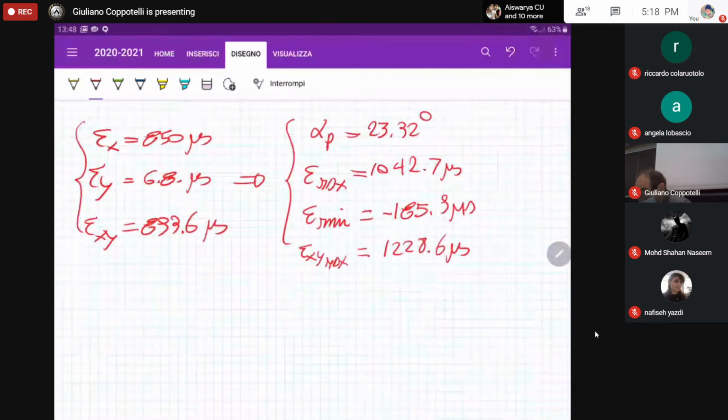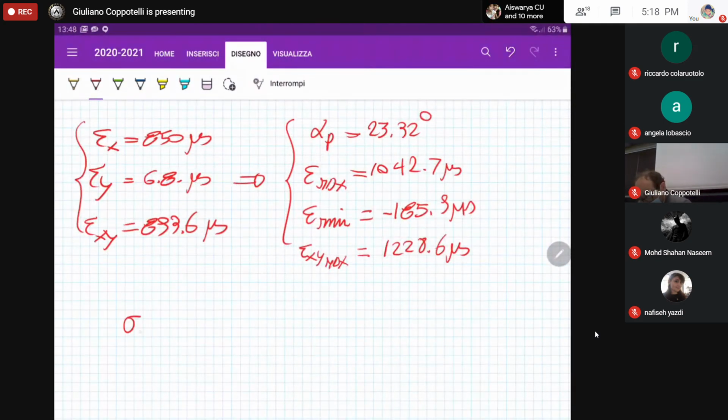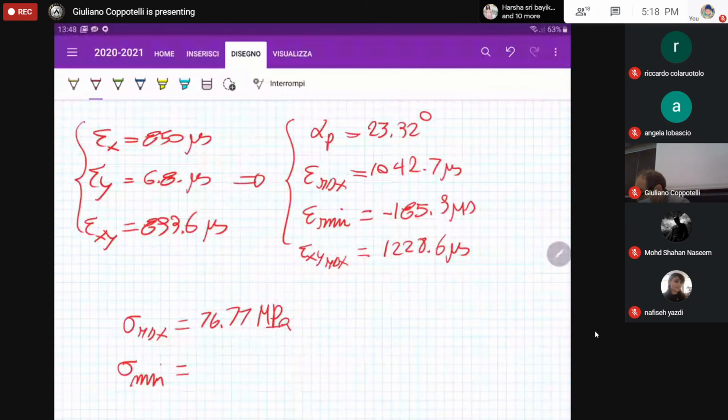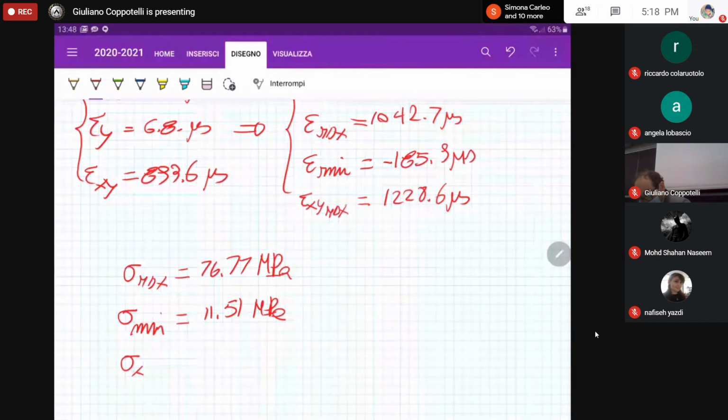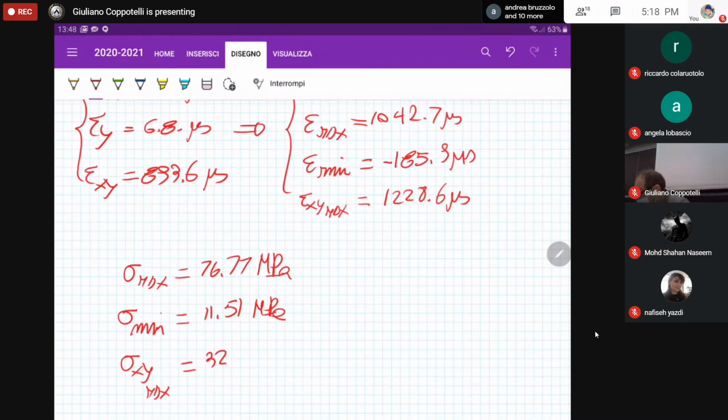And the corresponding stresses: the maximum stress is 76.77 MPa, the minimum stress is equal to 11.51 MPa, and the maximum shear stress is equal to 32.58 MPa.